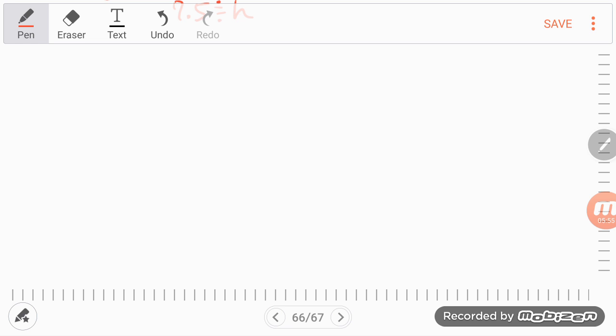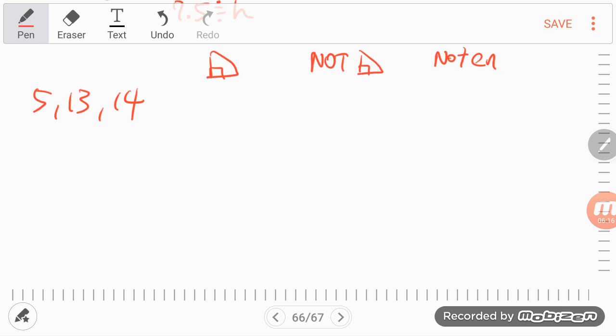They might ask you, say, 5, 13, 14. Is it a right triangle? Is it not a right triangle? Or they say not enough info.